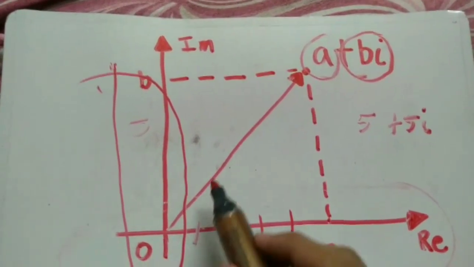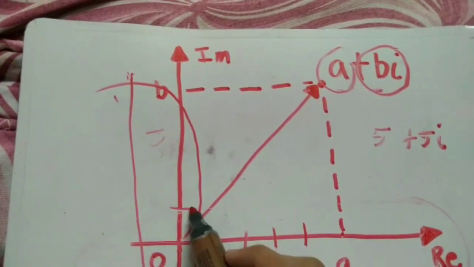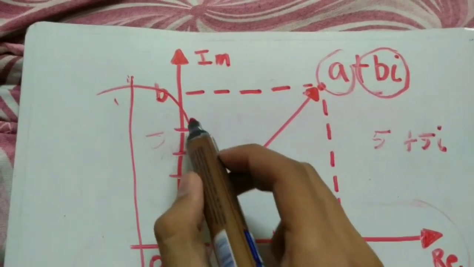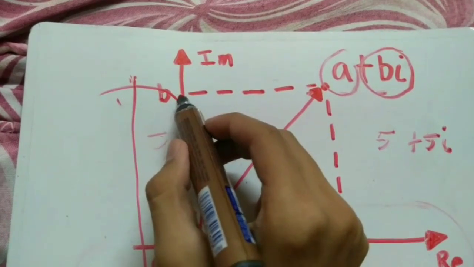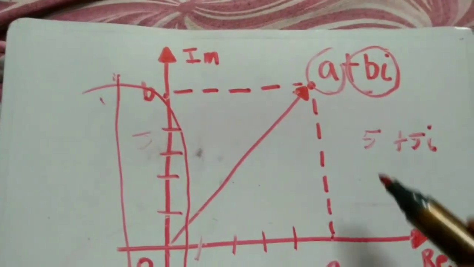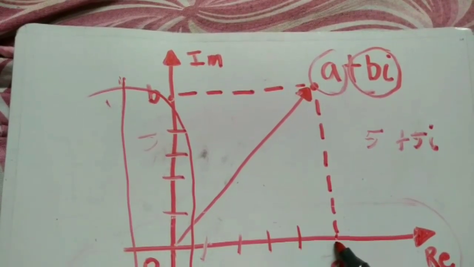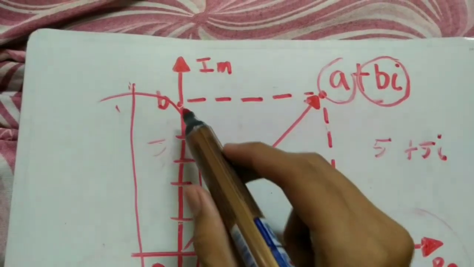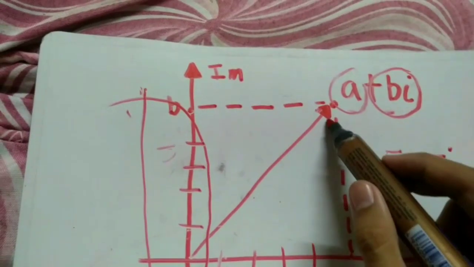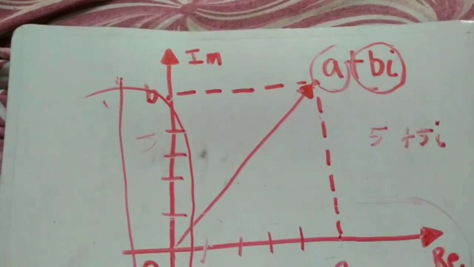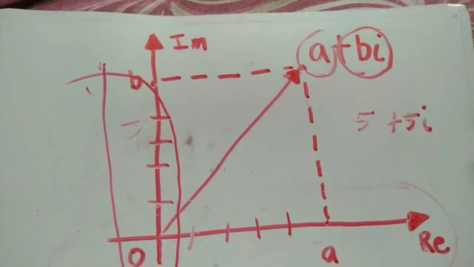And then your b is 5 also: 1, 2, 3, 4, then 5. So your point will be (5, 5). Your point will be this one. So that is the point of 5 plus 5i.